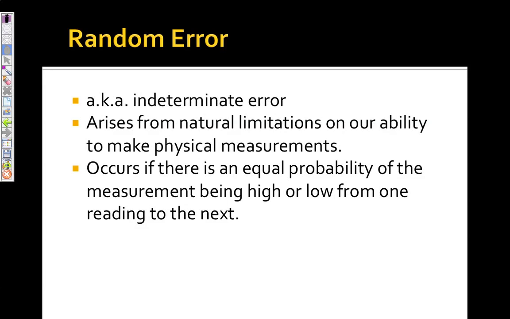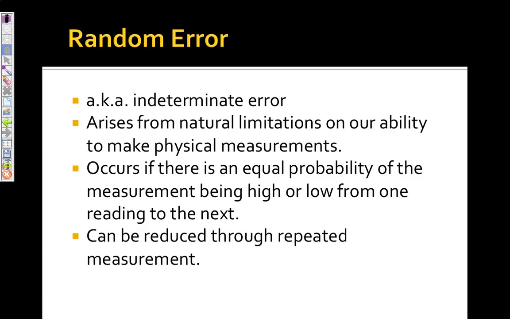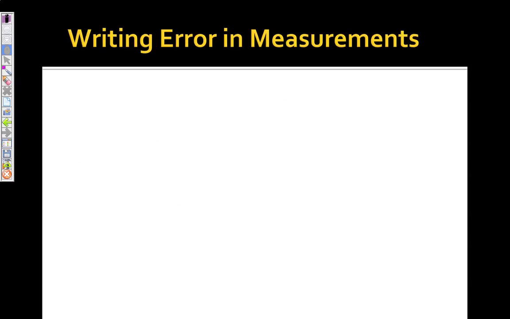It's going to be all over the board or all over the bullseye. And it can be reduced by doing repeated measurements. The more measurements, the better. Sometimes we don't have a lot of class time, but you're going to still want to do accurate and precise work. And you want to do it as many times as possible so you can take some averages.